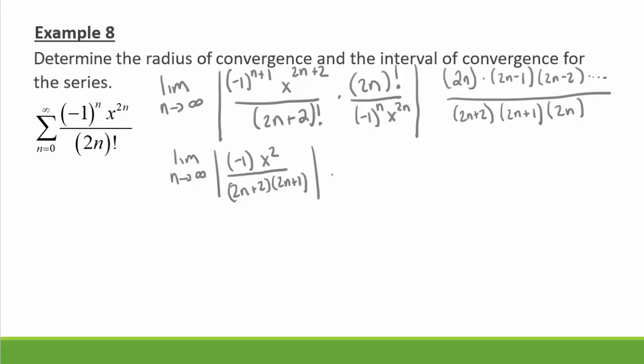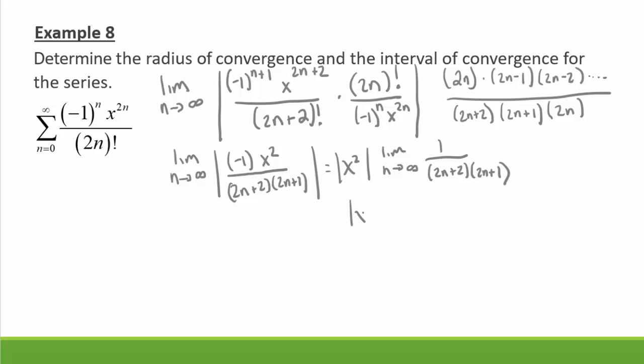Now the limit as n goes to infinity of this thing is equal to the absolute value of x squared times the limit as n goes to infinity of 1 over 2n plus 2 times 2n plus 1. Hopefully that's not too small for you guys.